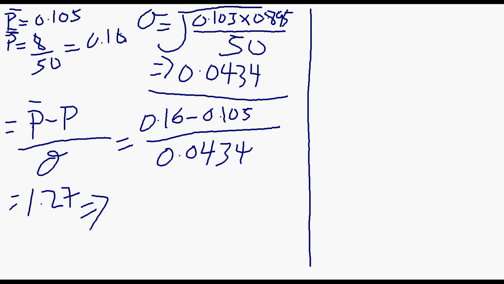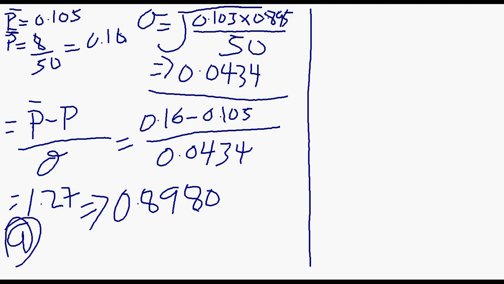So now we trace this on the Z table. On the Z table, it will be 0.89. This is the A aspect of the question.